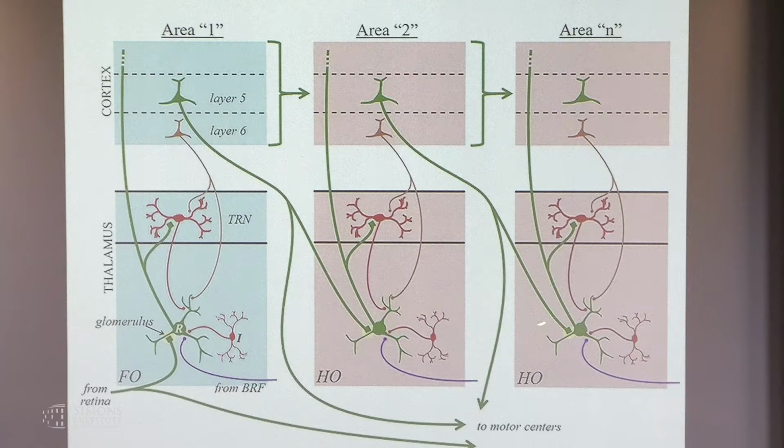And that means the information being passed along is basically a copy of what's being processed through the layer 5 outputs in all of these areas. What you want to do with that, you can speculate and come up with all sorts of interesting hypotheses. The challenge is to test them. We have our own hypotheses, a different view of what this is all doing, but it's speculation that is no better than anybody else's. That's what we're trying to figure out.